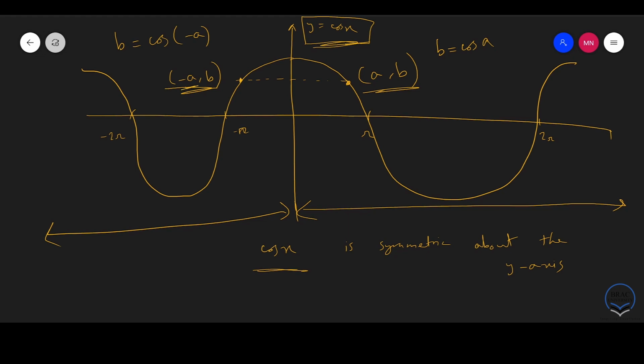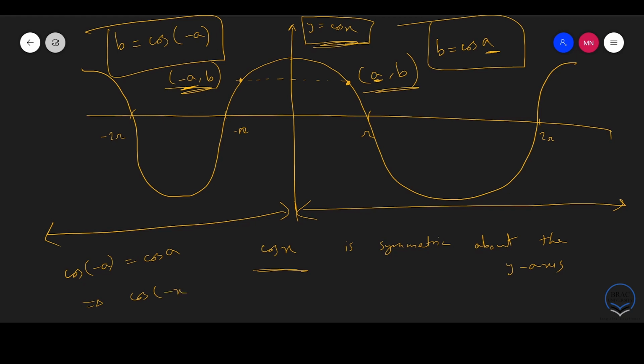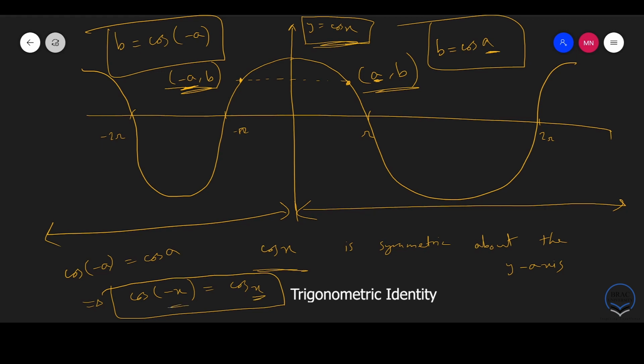Right, in this case, x is minus a. In this case, x is a. Right, so we will have these two equations, and we can see that the cosine of minus a is equal to the cosine of a. Right, you can also write this as the cosine of minus x is equal to the cosine of x. So now we have another equality, and this will also be a trigonometric identity, and it is valid for all values of x.